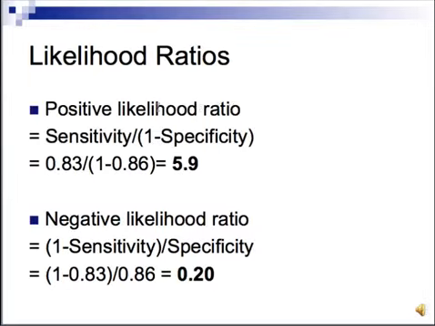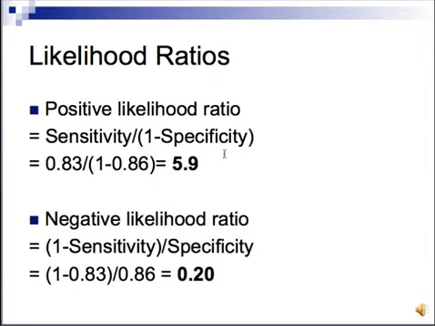We are going to calculate both a positive likelihood ratio and a negative likelihood ratio. The negative likelihood ratio has to do with the likelihood that the person has the category or the disease given a negative test, and the positive likelihood ratio is the likelihood they have the disease given a positive test.